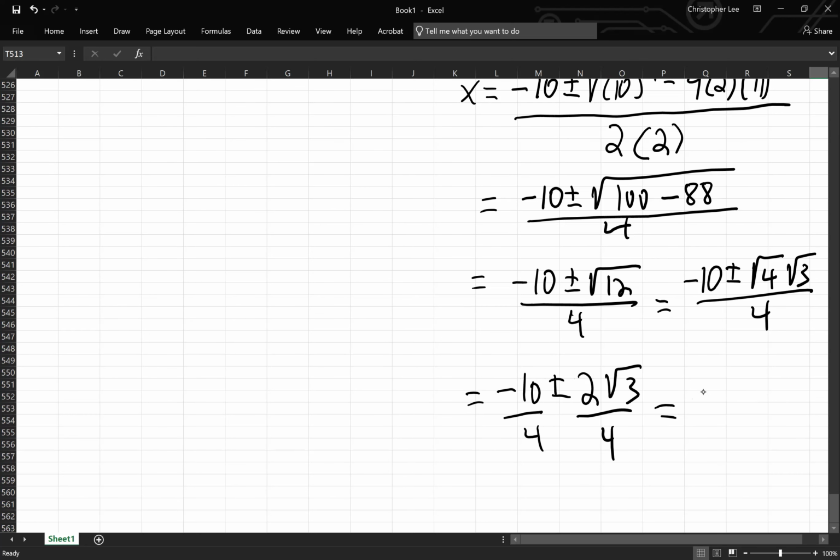This becomes negative 5 plus or minus 1 square root 3 all over 4. No, sorry about that. This is going to be over 2.